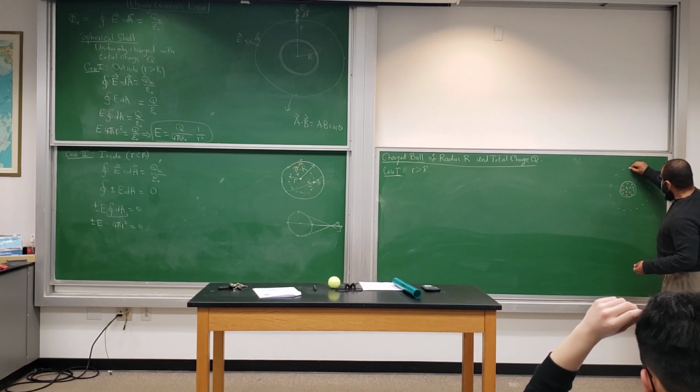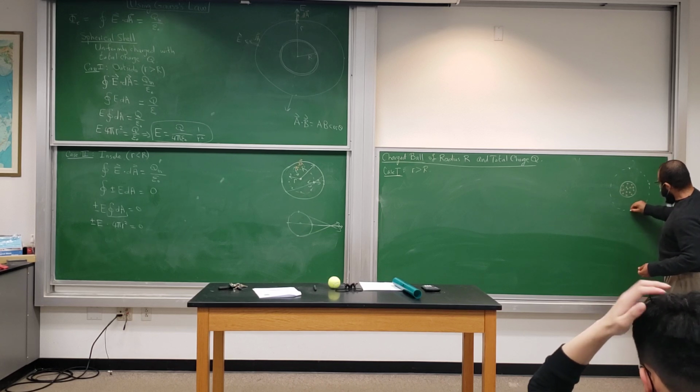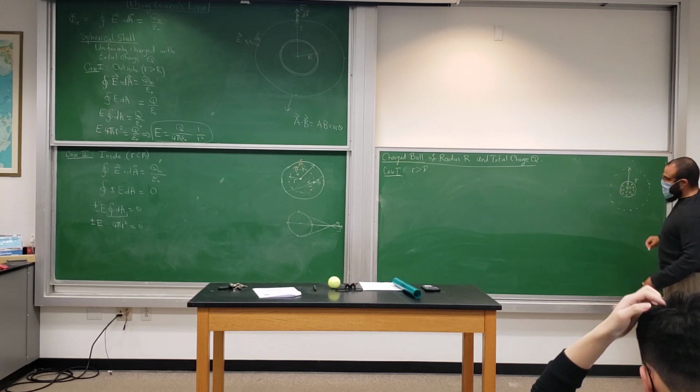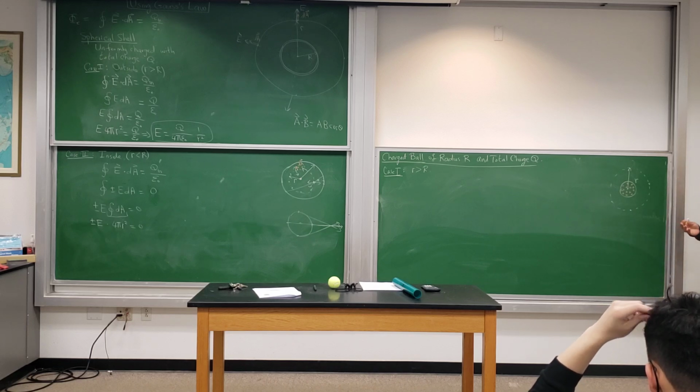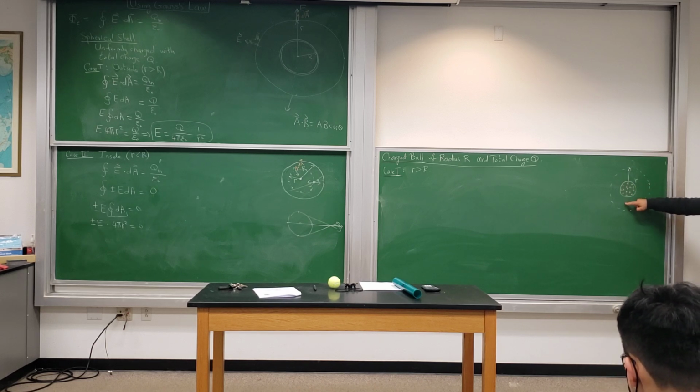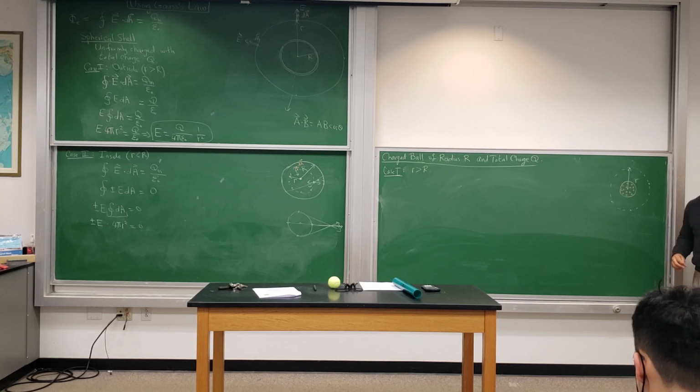So the field here, or here, or here, as long as I am a distance r away from the center, the ball looks the same to me. Whether I view this ball from this side or that side, it looks exactly the same because it's spherically symmetric and uniformly distributed.